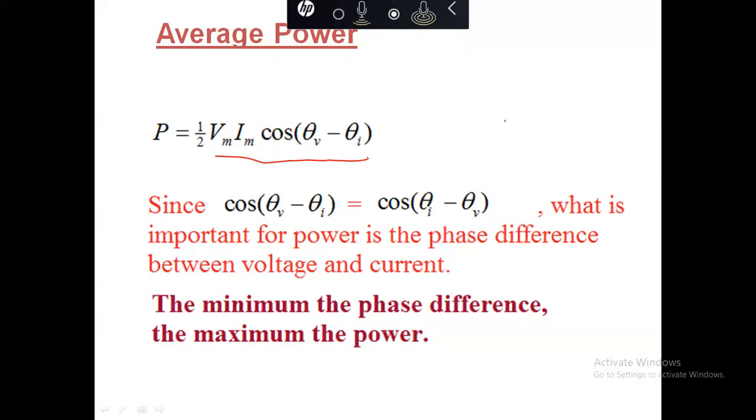So the minimum phase difference, if say this phase difference is 0, then cosine of 0 is equal to 1. So we have the maximum power transfer to the network, and that power is equal to that component only.